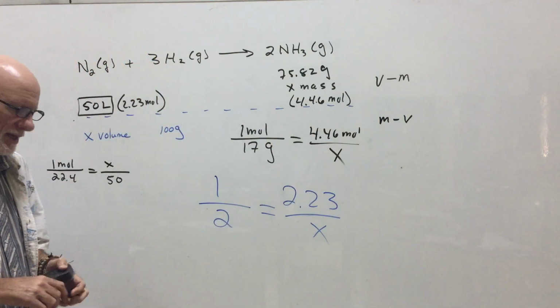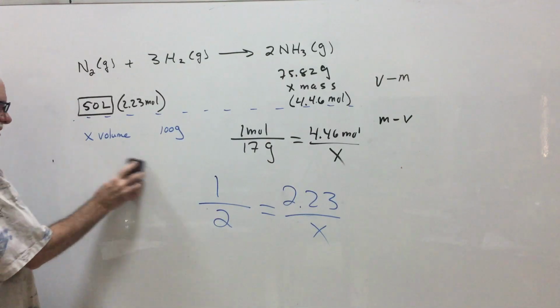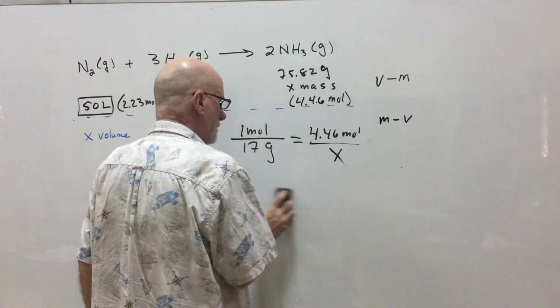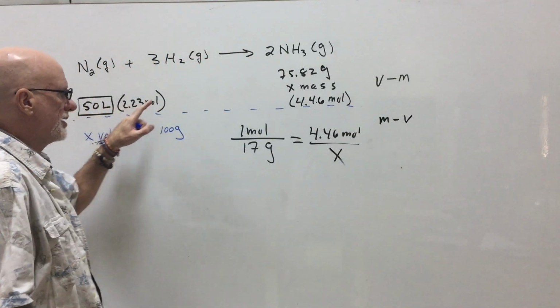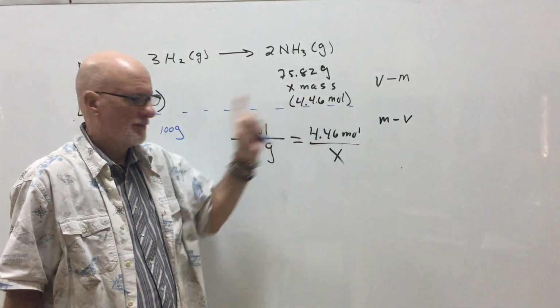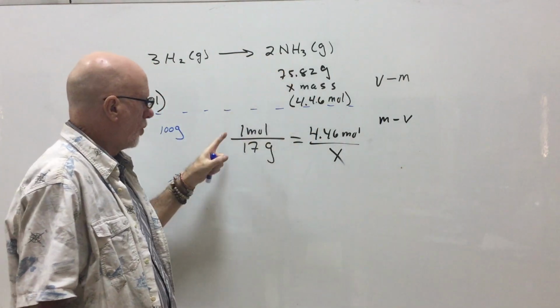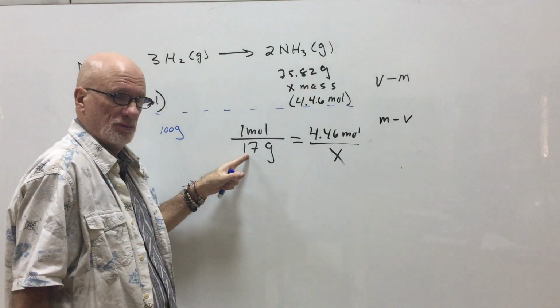So do you see that 50 liters gives me 4.46 moles? Okay. Well, 1 mole of this is 17 grams, right? Is that true? Absolutely.